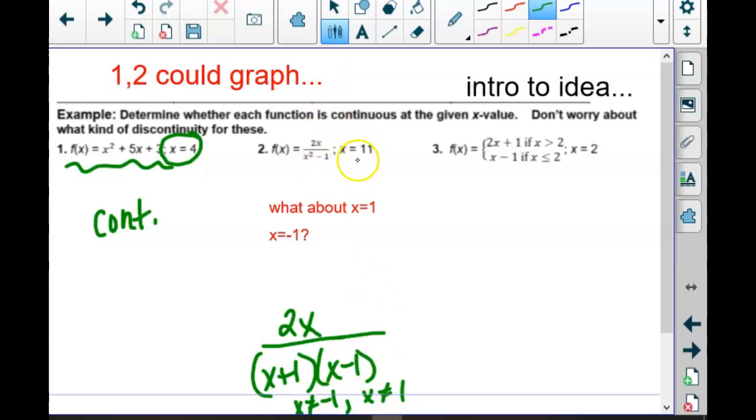All right, they ask what's happening out at 11. Well, if you put an 11 in here, you get 22 over 120, I think, which is fine. So yes, it's continuous out at 11. At 1, if you put a 1 in there, you would get 2 over 0. Is that okay? No, so it's discontinuous, okay?